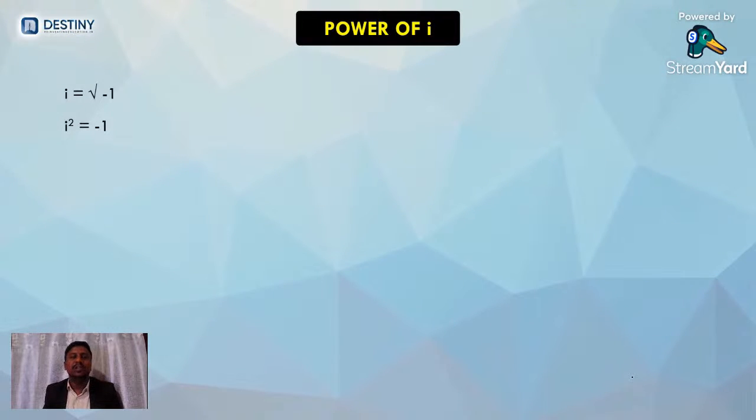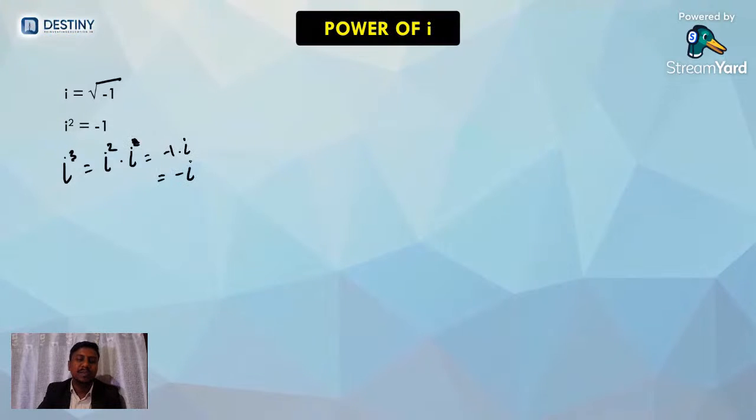As I already told you, we are going to see the power values of i. If I take root of -1 as i, and square on both sides, -1 becomes i square. If I take i cube, i cube means i square into i, that means -1 into i, it becomes -i.